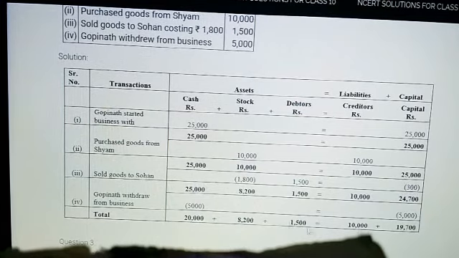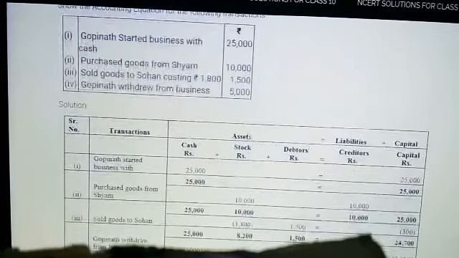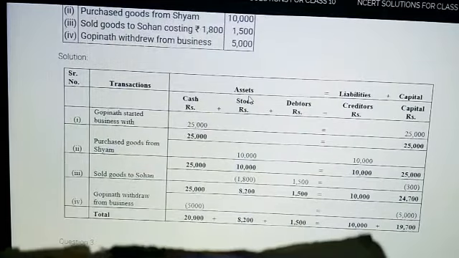Again you balance this equation: 25,000, and 10,000 minus 1,800 becomes 8,200, and the debtors which you have 1,500, equal to 10,000 plus 24,700.